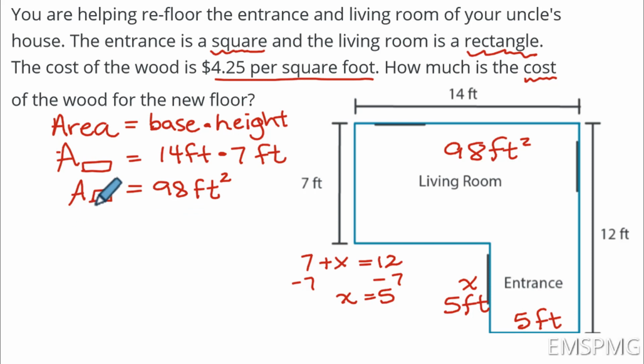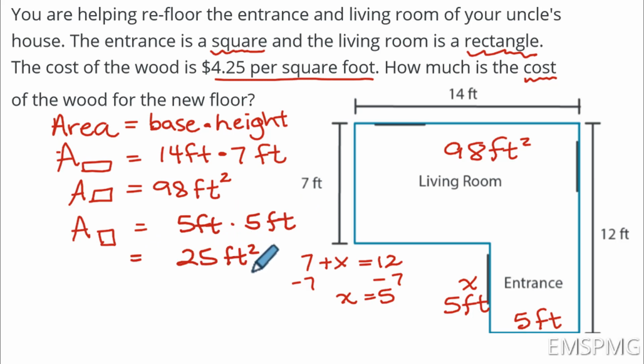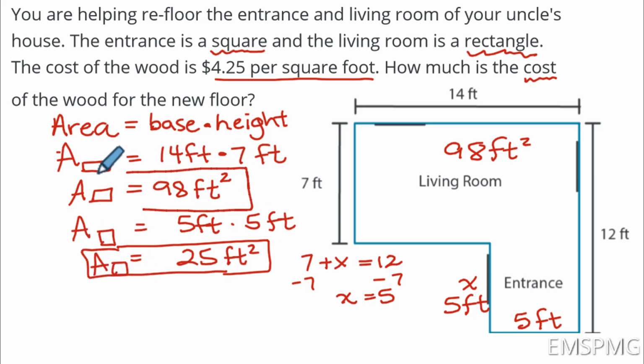So to finish this one off, in order to find the area of my square, it's still base times height, and this time again all the sides are congruent, so I know I'm going to do 5 feet times 5 feet, and that will give me 25, same thing as before. This is feet squared. So this is my area of my square. This is my area of the rectangle.